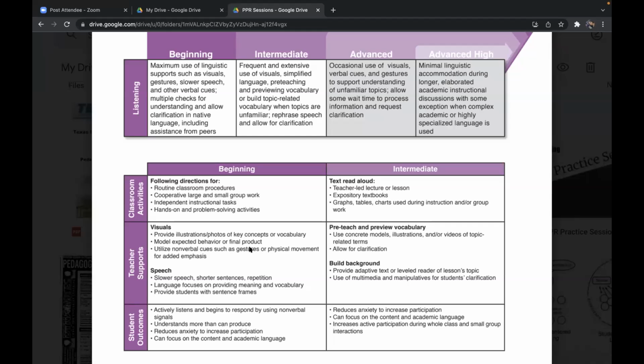So pre-teach vocabulary, not just academic, but any vocabulary that you think your students don't know or that might impede comprehension. Very important. Also allow for clarification, and give wait time to your students when you're asking them a question they have to respond to, right?